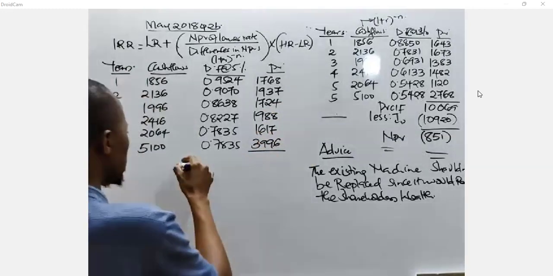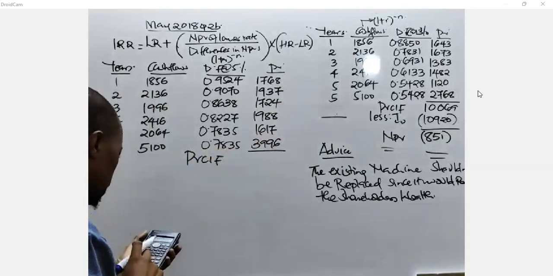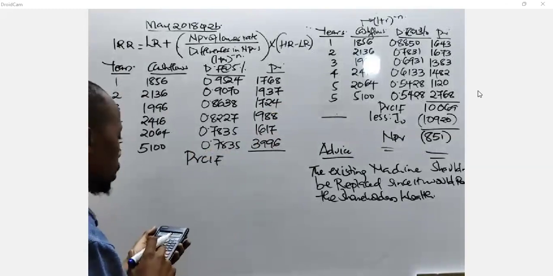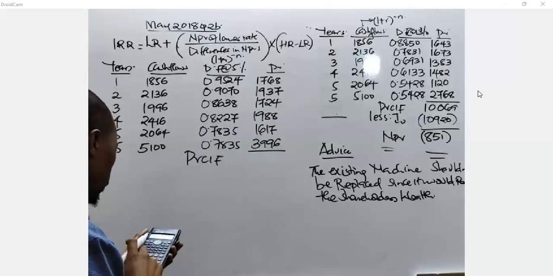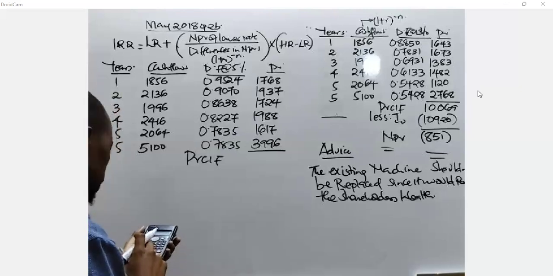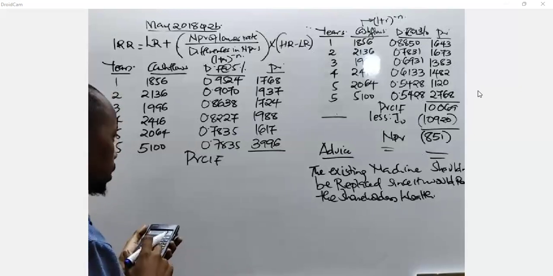So what is your present value of the cash inflow? It will be 1768 plus 1937 plus 1724 plus 1988 plus 1617 plus 3996.